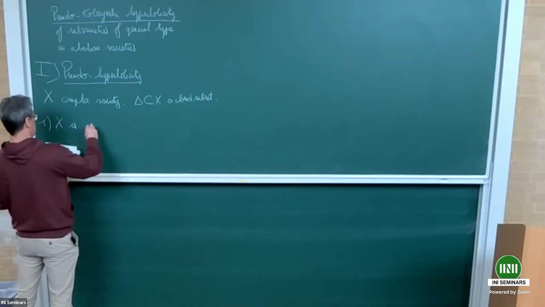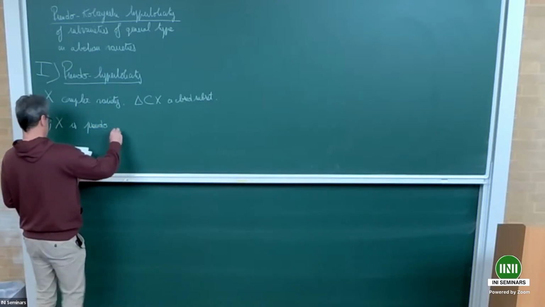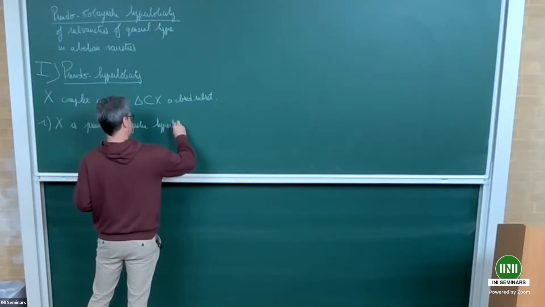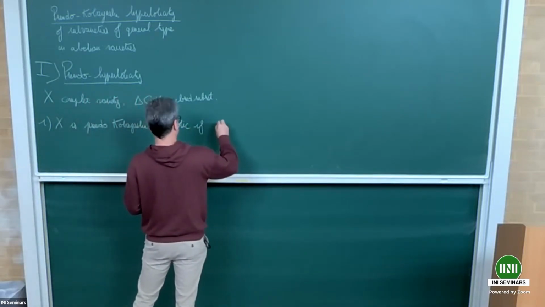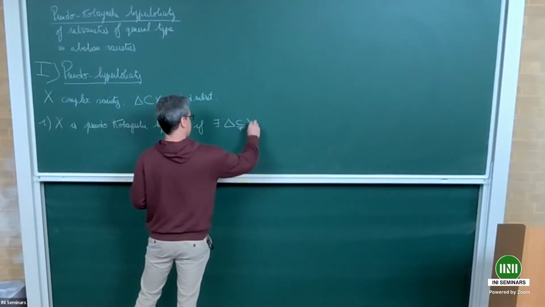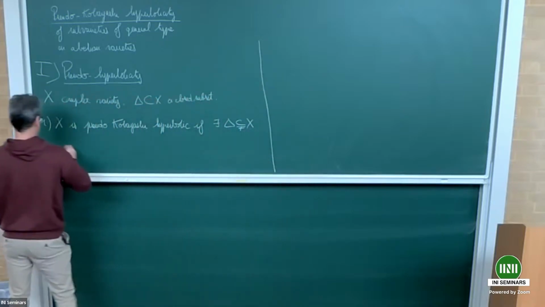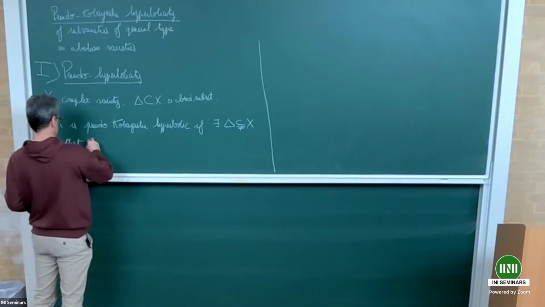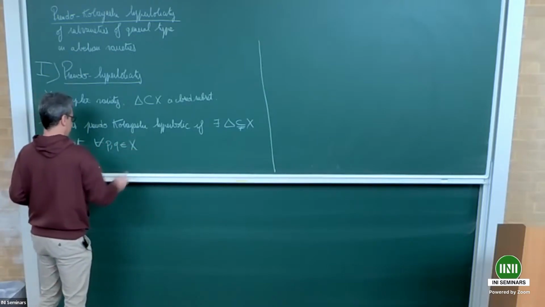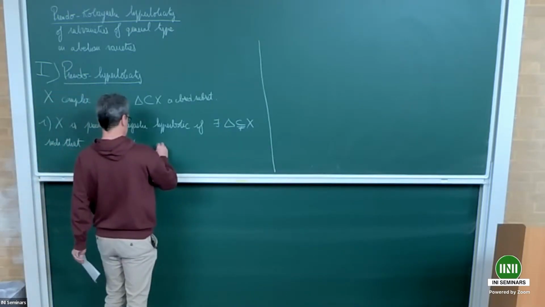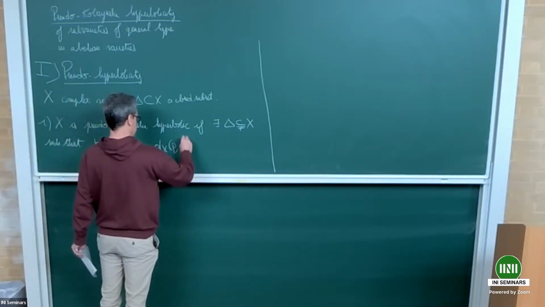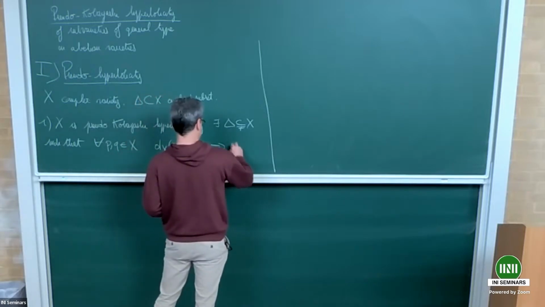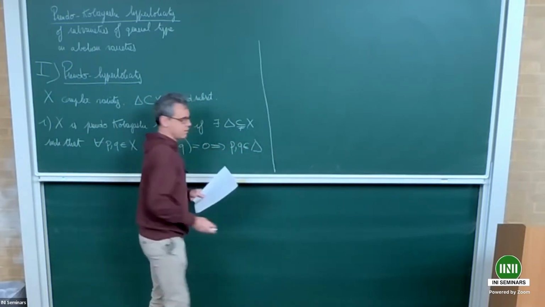So X is said to be pseudo Kobayashi hyperbolic if you can find such a delta, which will be different from X, so there is a proper closed subset, such that if you pick any 2 points in X, then the Kobayashi distance between these points is 0 only in the case where, possibly, both points are in delta.